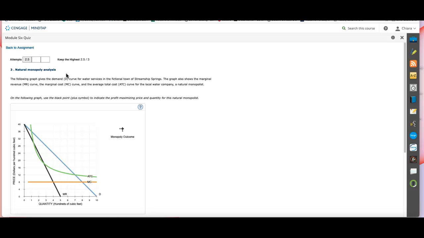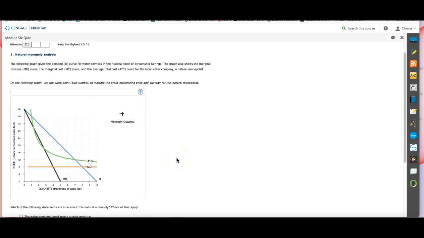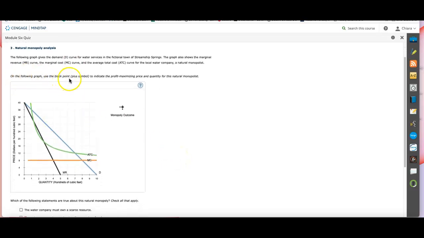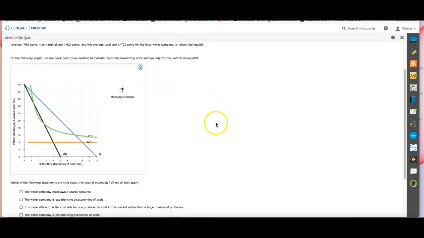The graph also shows the marginal revenue, the marginal cost, and the average total cost curves for the local water company, a natural monopolist. Now, your graph might look a little different or it might look exactly the same. But on the following graph, use the black point, the plus symbol, to indicate the profit maximizing price and quantity for this natural monopolist. So don't be confused by the natural monopolist wording.